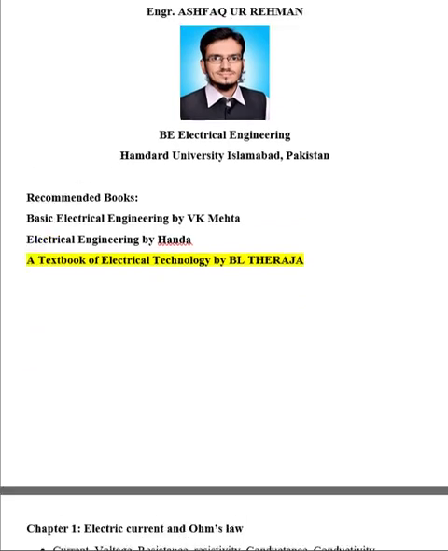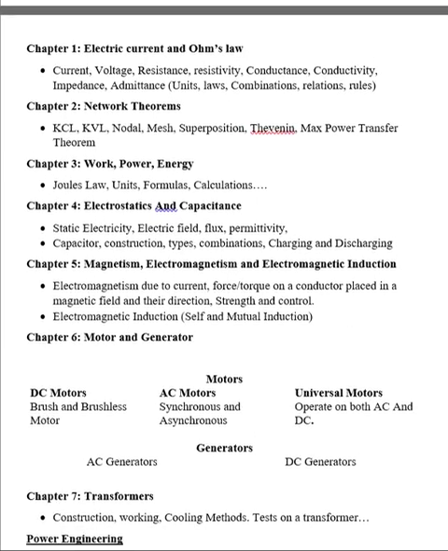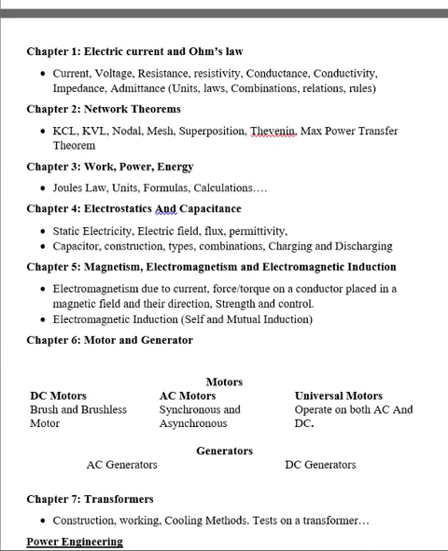So let's move forward towards our first lecture. During this lecture series, I would follow Electrical Technology by B.L. Raja. The first chapter of this book is Electric Current and Ohm's Law, which are the basics of electrical technology.